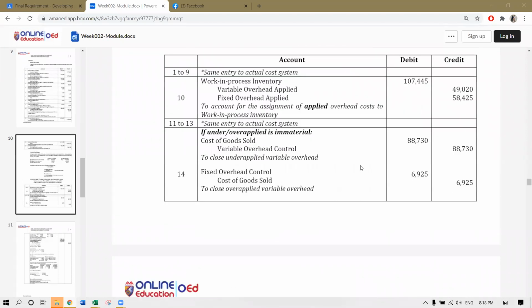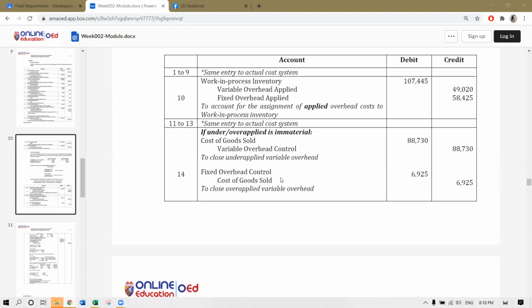We compare it to the predetermined overhead costing. Fixed overhead applied is 58,425 based on the predetermined rate, while the actual is 51,500. So it is over applied by 6,925.